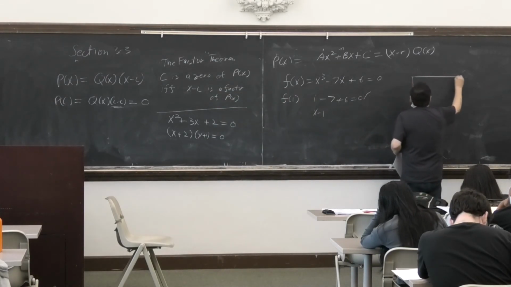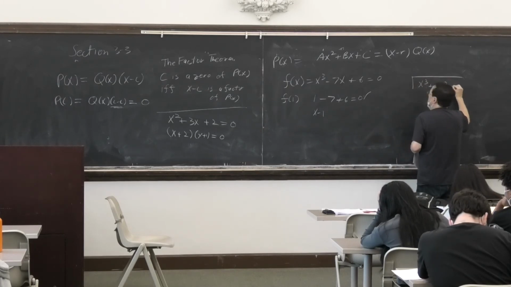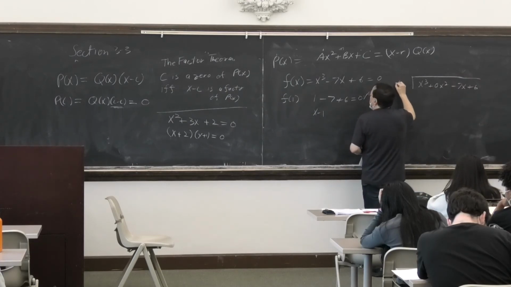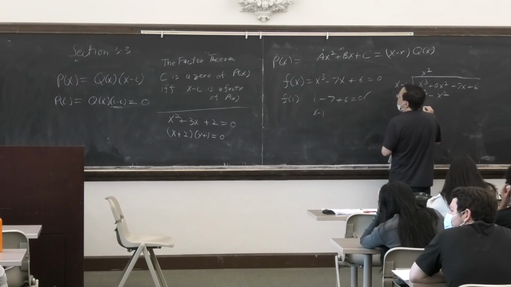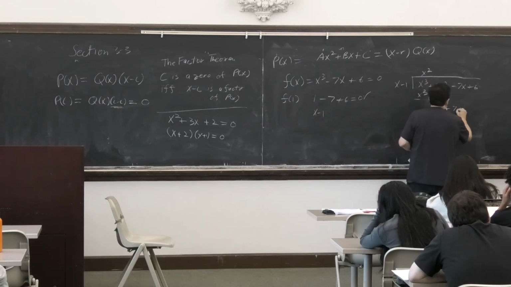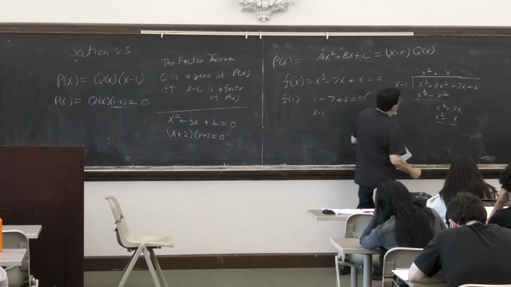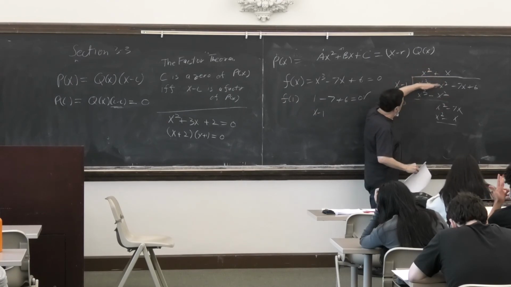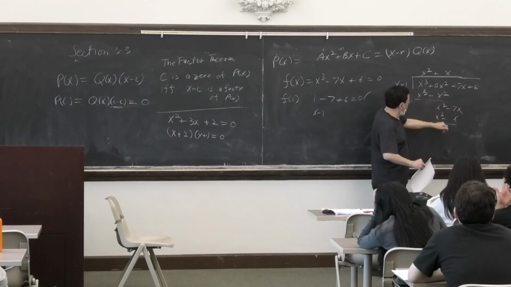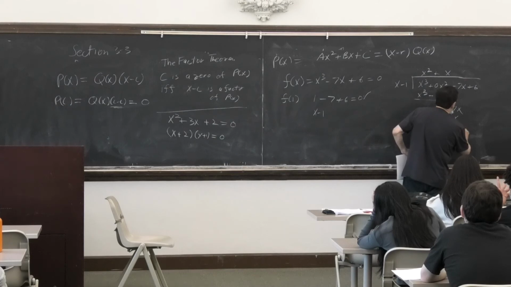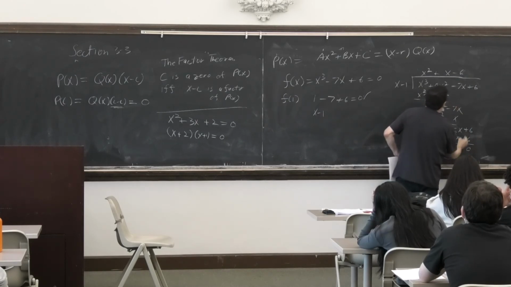At which point I can divide, either using synthetic division or long division. x cubed minus x squared; minus a minus is a plus, so 7 minus... minus 6x plus 6, minus 6x plus 6, remainder is 0.